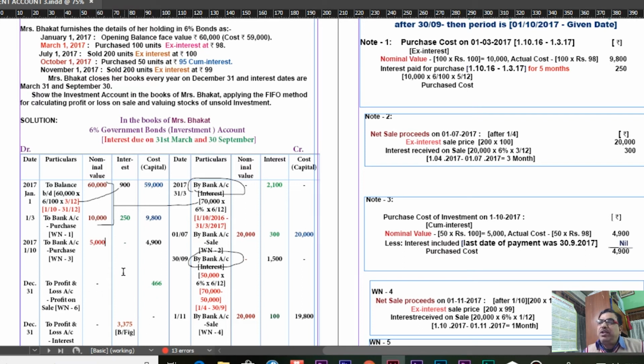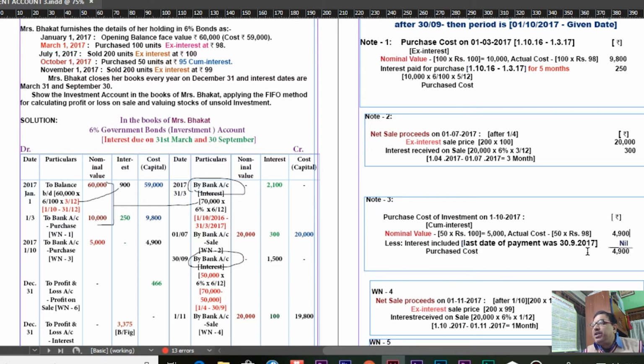Naturally 5,000 will come under nominal value, okay, and under the cost value 50 into 98, because it is also given. Therefore 4,900. And mind it, very carefully, less interest included.